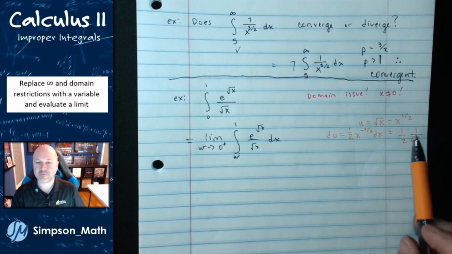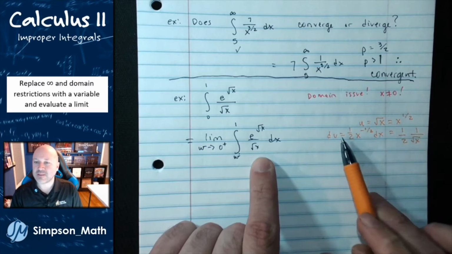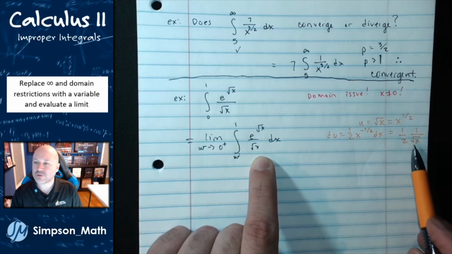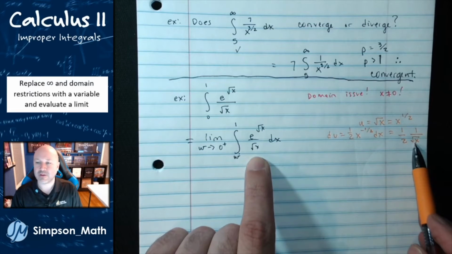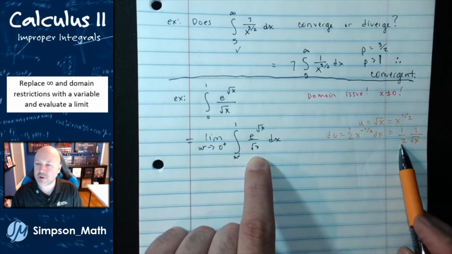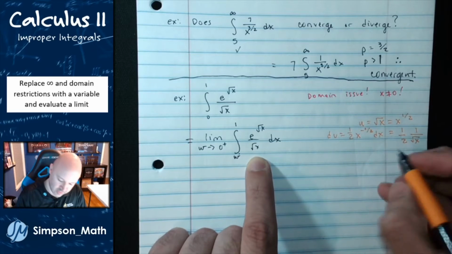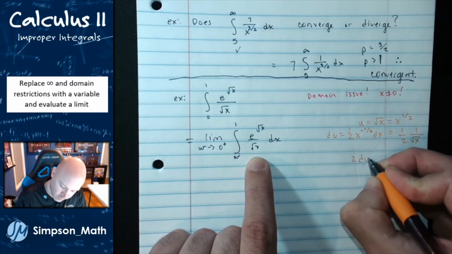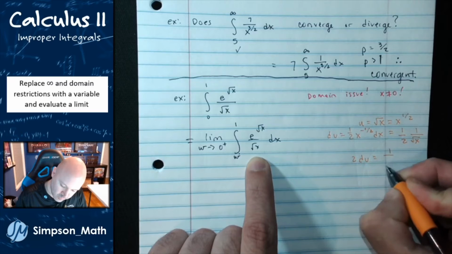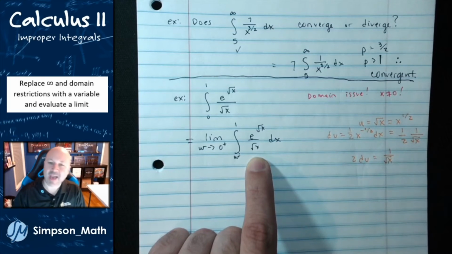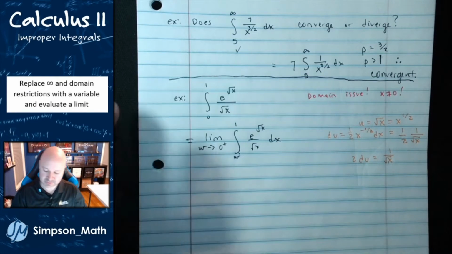Oh yeah, this is good. That's exactly what I needed. The du will put a square root of x in the denominator. The 2 needs to go away, so I'm going to pull that 2 out.